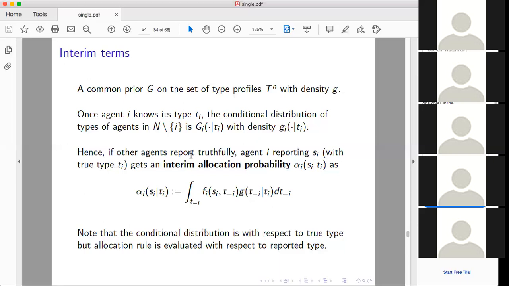Independent of what your Ti is, g of T minus i is the same. And this expression was anyway independent of Ti. So the whole interim allocation probability is independent of Ti. The conditioning is only relevant if there is correlation across agents about the types.